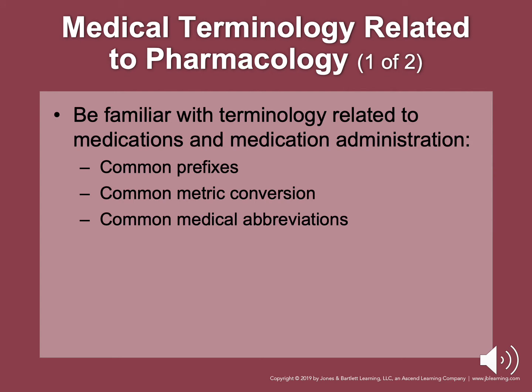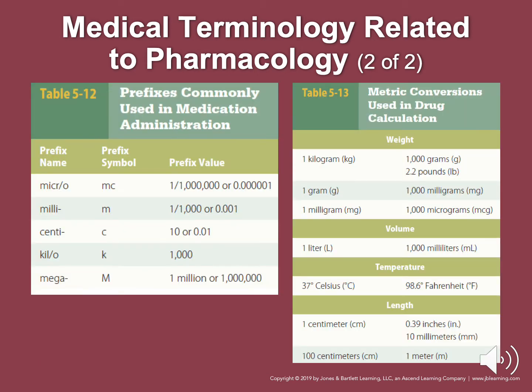So be familiar with terminology related to medications and medication administration. There are common prefixes, common metric conversions, and common medical abbreviations. And here's some of those: micro, milli, centi, deca, and their abbreviations, prefix symbols, and their values.